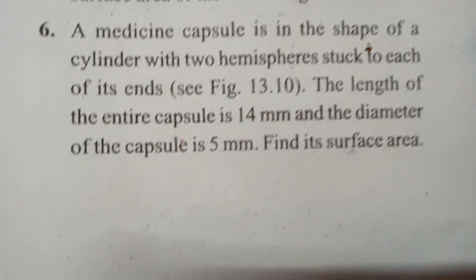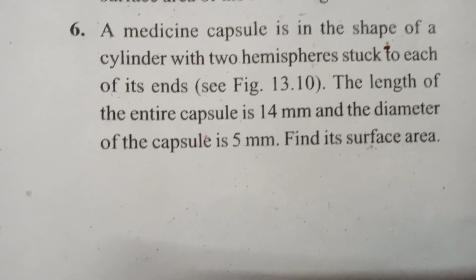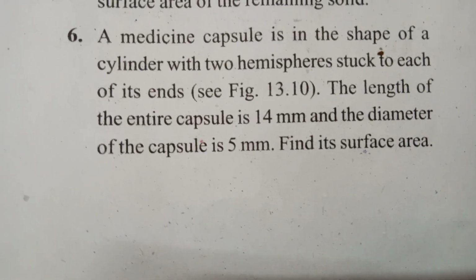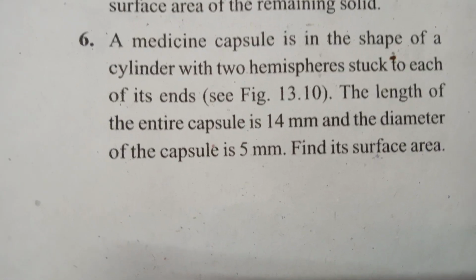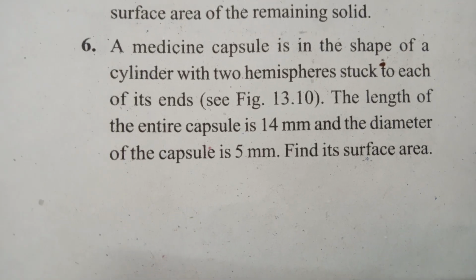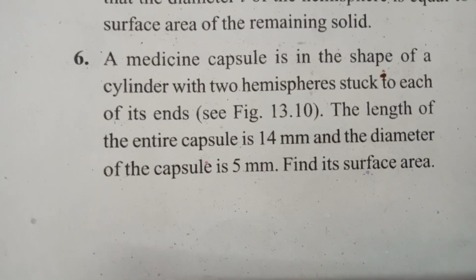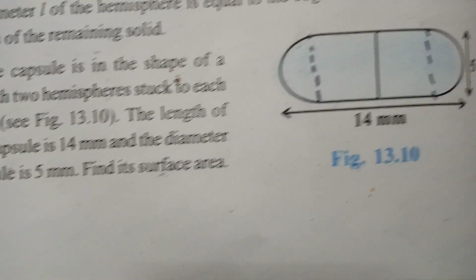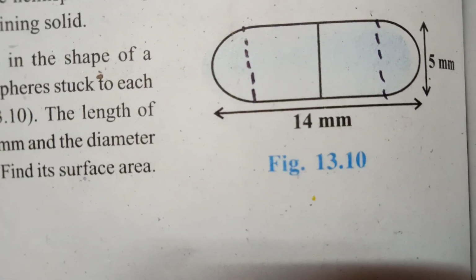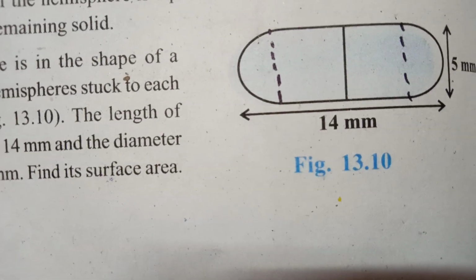Now we are seeing question number 6. A medicine capsule is in the shape of a cylinder with two hemispheres stuck to each of its ends. See figure 13.10. This is the figure given in the question.